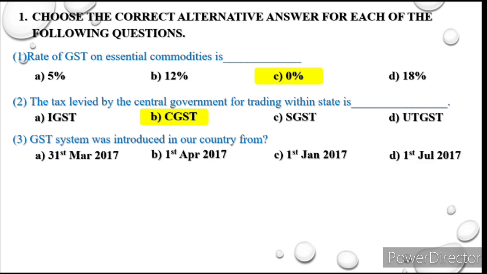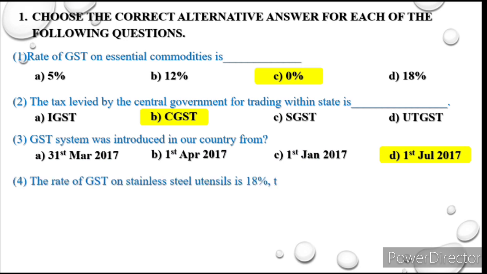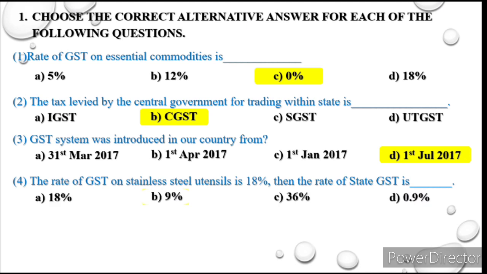I have explained this also, it is on 1st July 2017. Now your fourth question is, the rate of GST on stainless steel utensil is 18%. The rate of state GST is, so as it is 18%, state GST will be half of it. So it will be 9%.